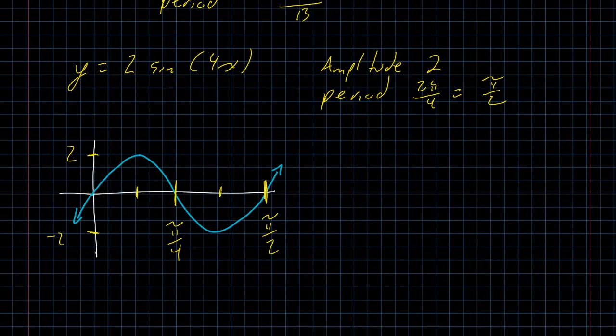And then the peaks, the maximum and the minimum, are going to be halfway between those. In this case, that must be pi over 8 and 3 pi over 8. We can think about looking at the picture, looking at what the amplitude is, looking at what the period is, and use that to figure out what our graph is supposed to look like.